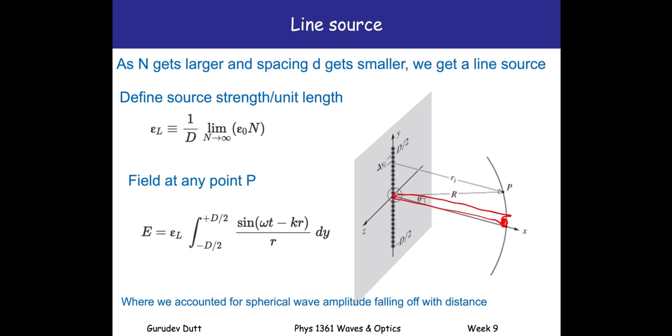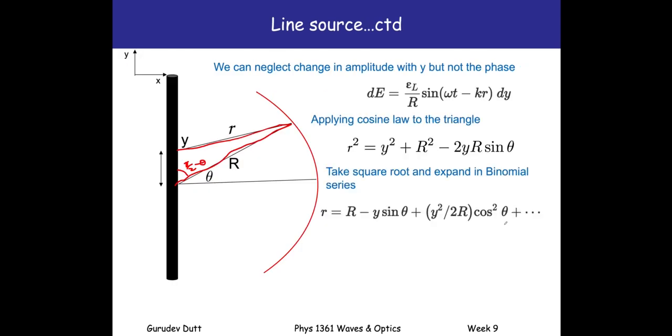So if I replace all of this by a single point emitter at the center, then the output is just a single point emitter, a circular wave propagating in the xz plane, which is now governed by the position p in the xz plane over here, because of that r factor.